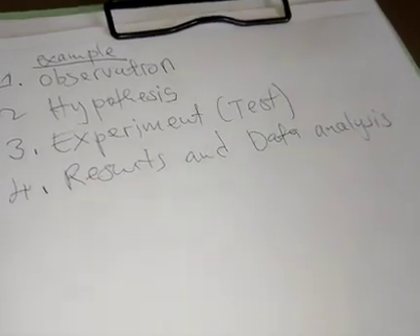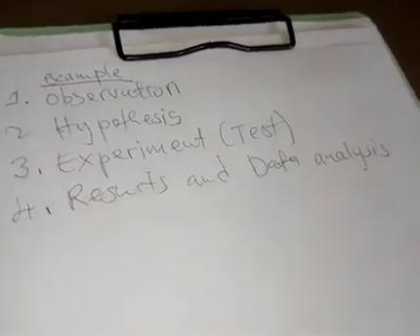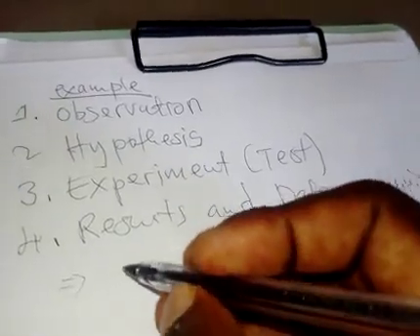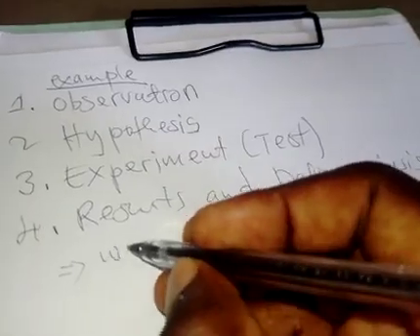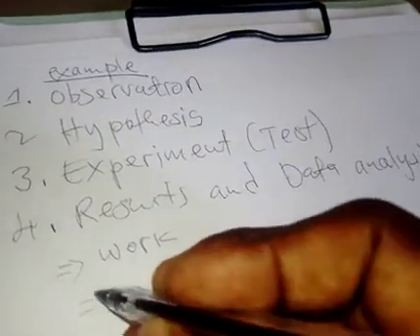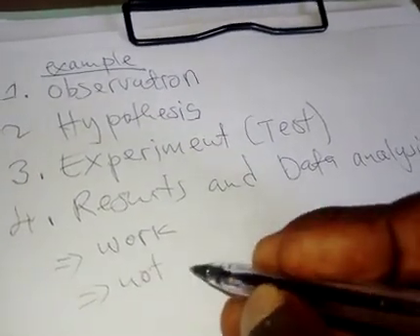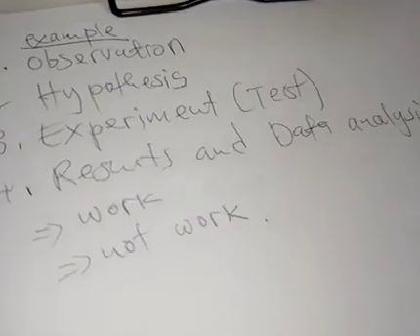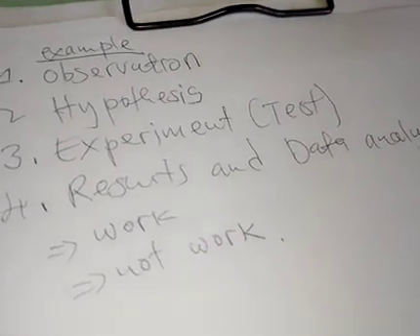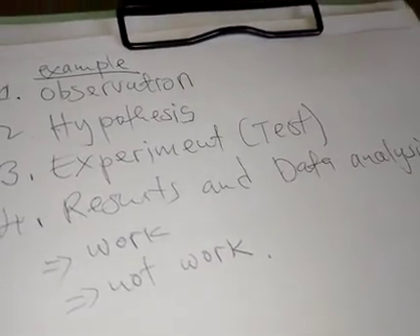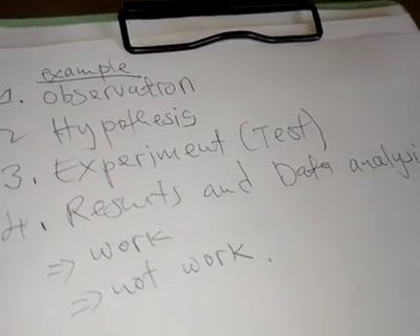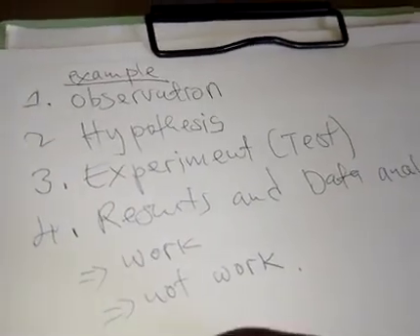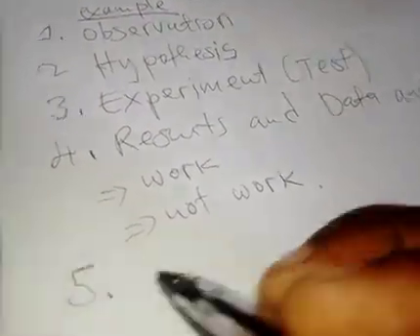You have two possible outcomes here: the charger will work, or it will not work. If the charger works, you conclude that the original outlet has a problem, meaning your hypothesis was correct. So it means that your hypothesis was what? Correct.